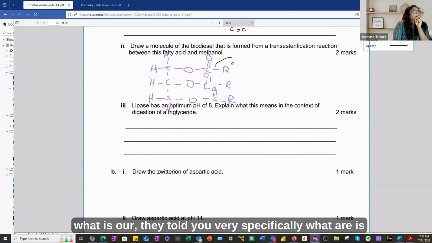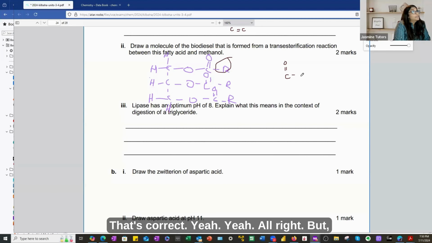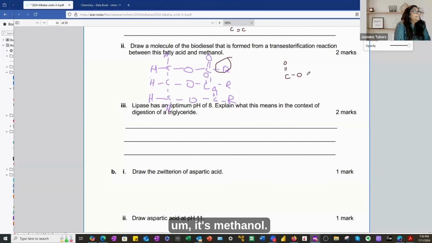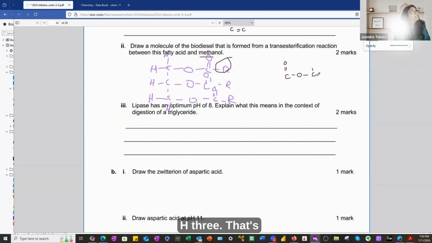What is R? They told you very specifically what R is. I wasn't sure how to draw it. You're correct in that way, and you're correct that it has a C double O bond. But it's methanol, so one of the chains must be CH3.